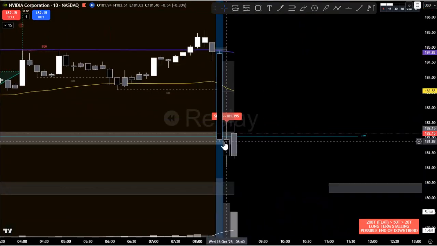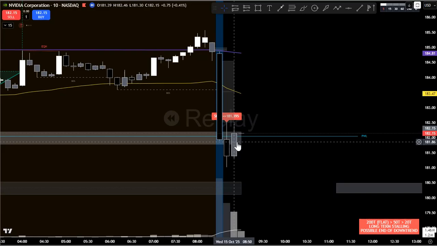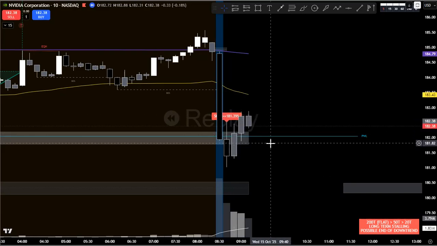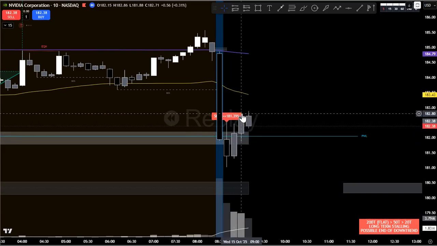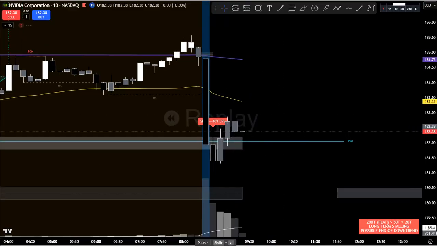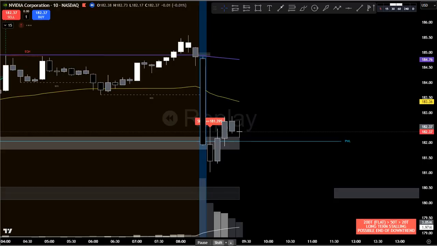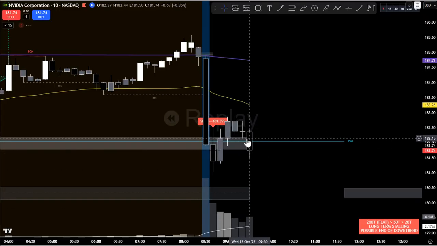Big downfall. One, two, three. That's the fourth. Now you have the fourth. So your range high, your range low. The fifth is an inside bar. Same with that one. Now you have a break.